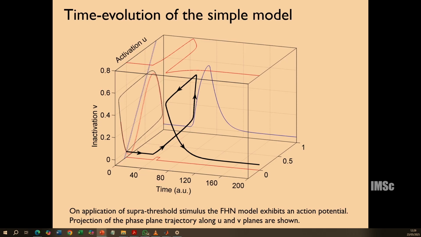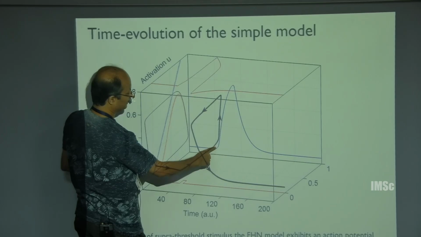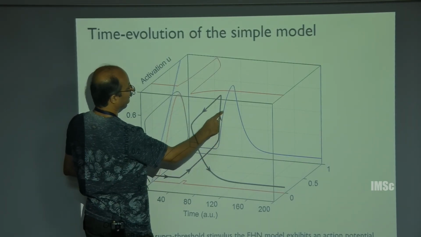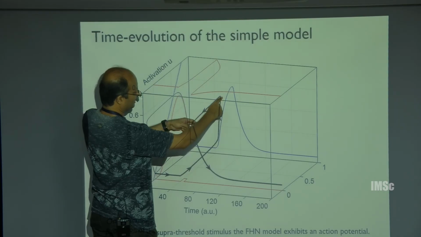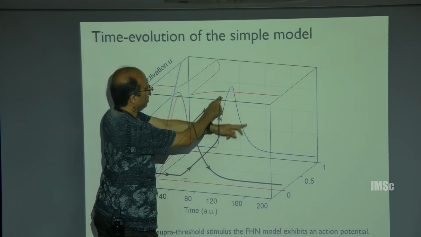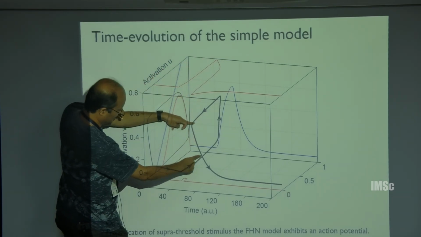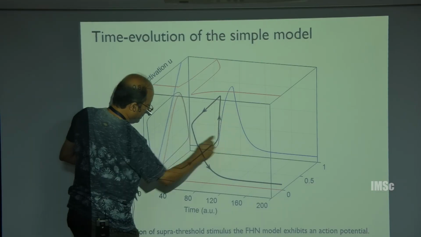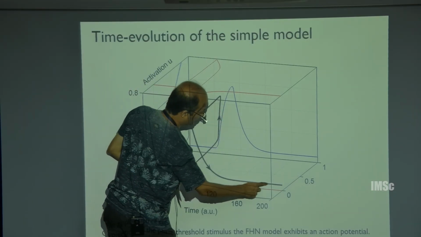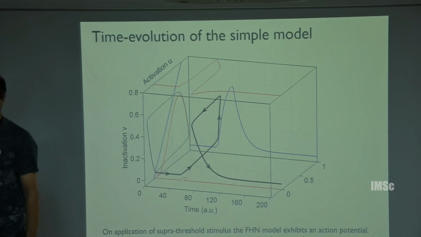So this is your stimulus. At this point you have given a suprathreshold stimulus. It was in the resting state, and because of the suprathreshold stimulus, U is going to increase. U is plotted here in red. It increases, which increases the inactivation, and then U decreases, and V also somewhat decreases, and then slowly it converges towards 0, 0, back to the resting state.